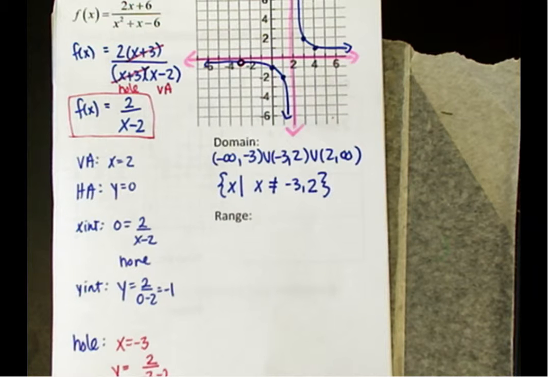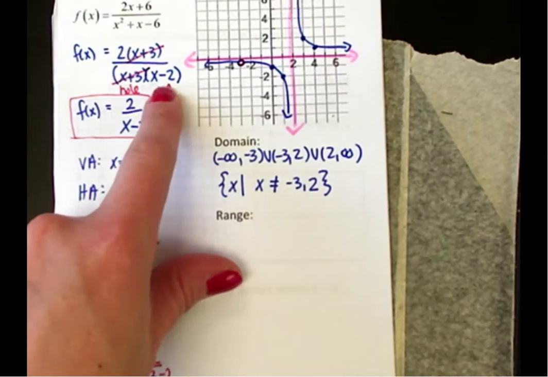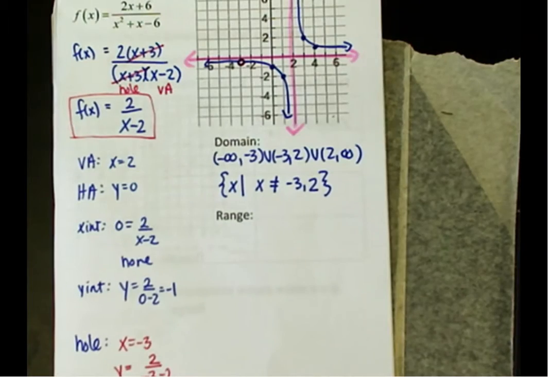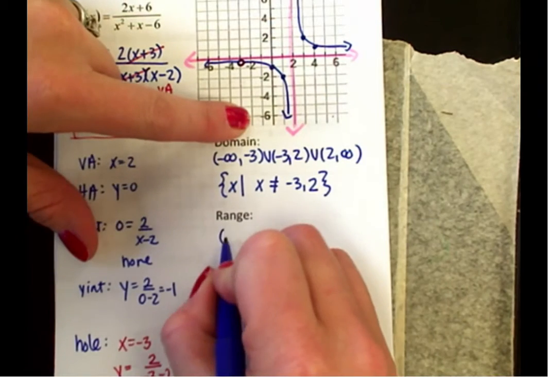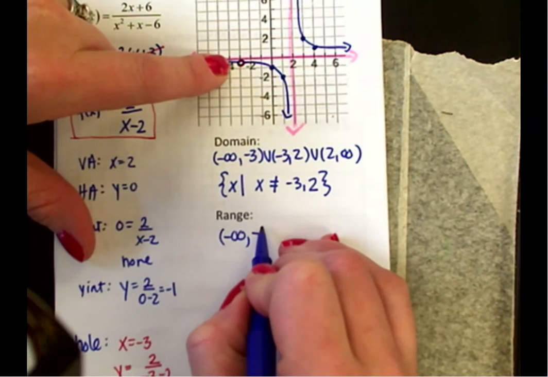x such that x cannot be -3 and +2. Look at where you had to pick up your pencil. They're called discontinuities. Every discontinuity has to be taken out of the domain. -3 for the hole, +2 for the vertical asymptote. Okay, range. You've got to look at your graph carefully for range.